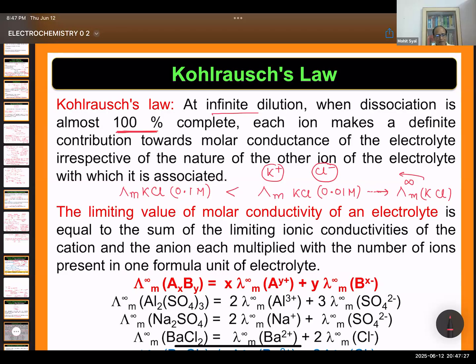So molar conductance at infinite dilution will be equal to the sum of the molar conductance of individual ions. That's the summary. Have you heard it? What I said is very important. Kohlrausch law, in just a few words: the molar conductance of an electrolyte at infinite dilution is equal to the sum of the molar conductance of its individual ions.